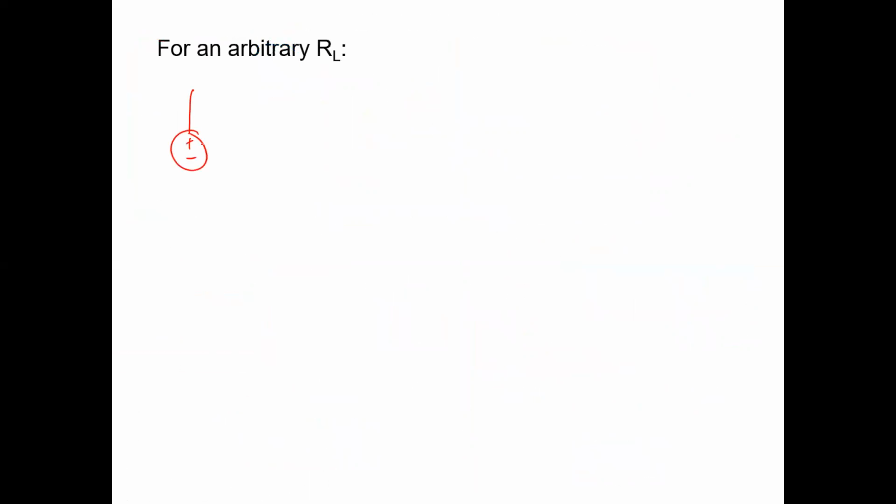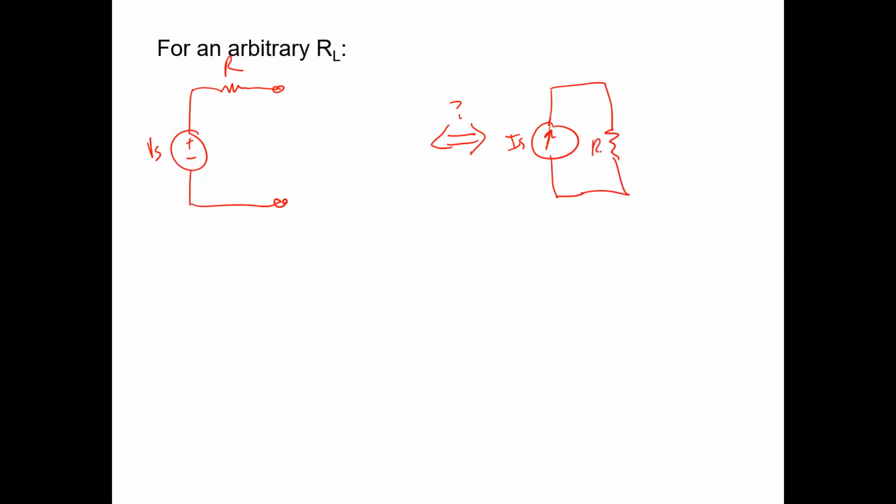So we have our voltage source and our resistor. We want to see, is this equivalent to a current source and a resistor?